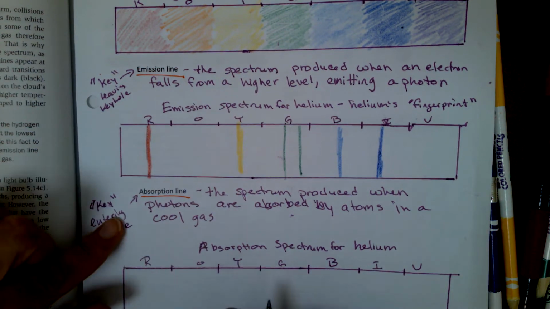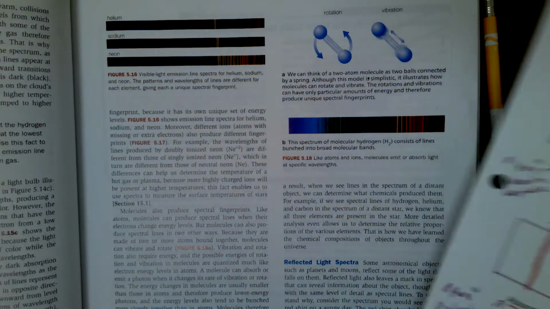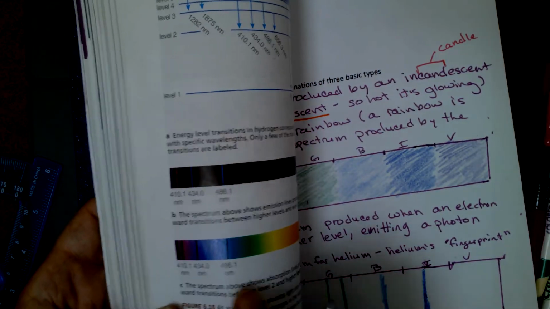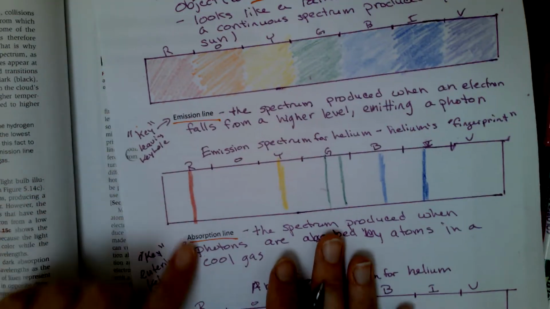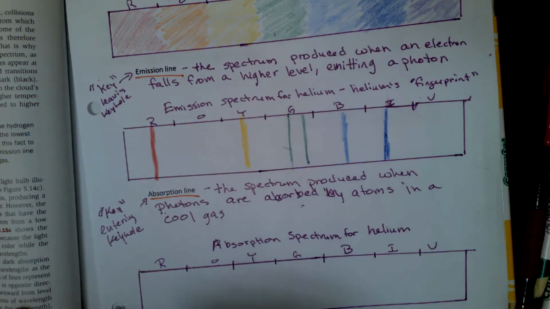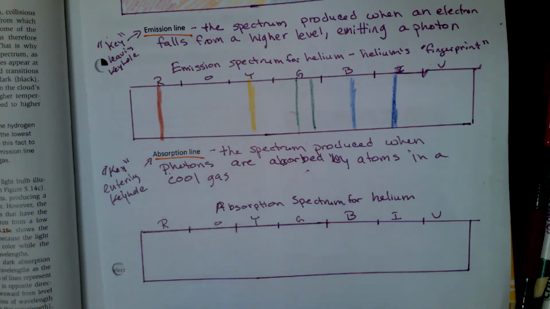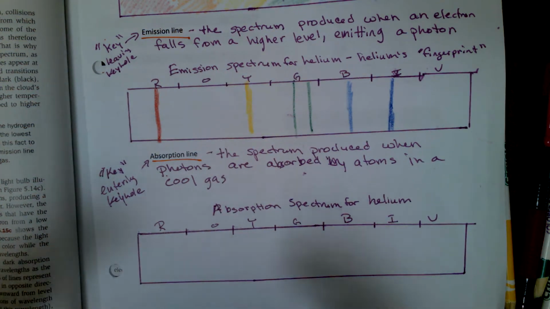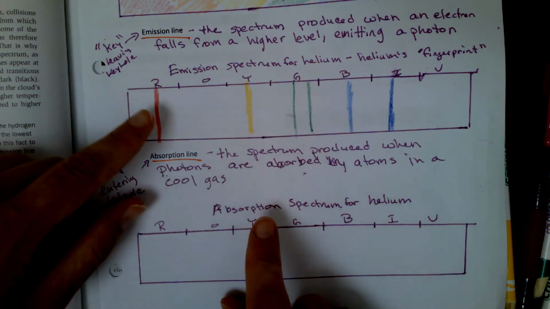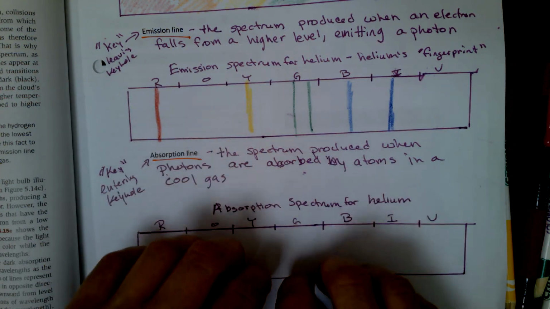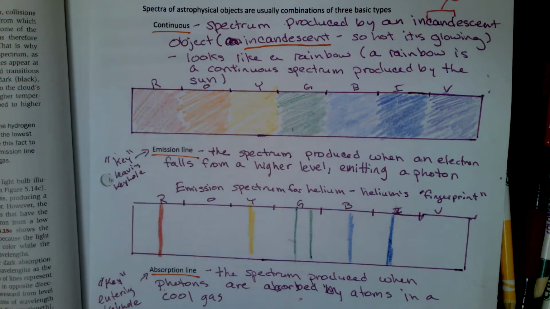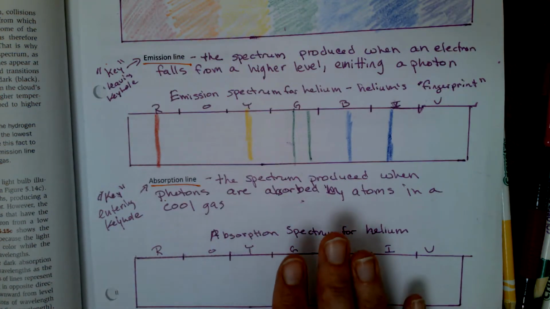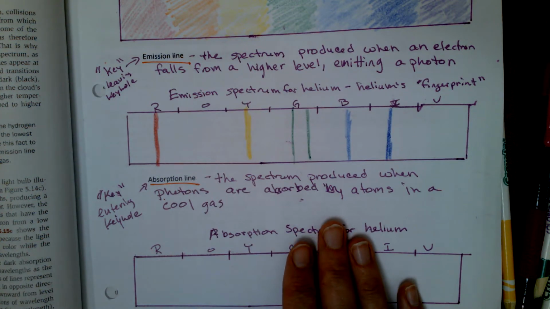But this is the opposite of that. It's going to be basically a rainbow with little slices taken out of it. And the slices are going to match up to the same spot because of the same keyholes. Same keys, same keyholes. So we're going to start by coloring this in, because really what you can think about is that these are the keys disappearing from the continuous spectrum. Once again, we'll talk about it a little bit more when we look at the other diagram.